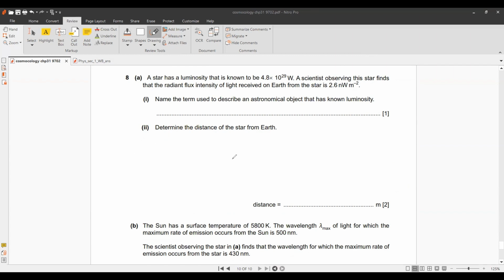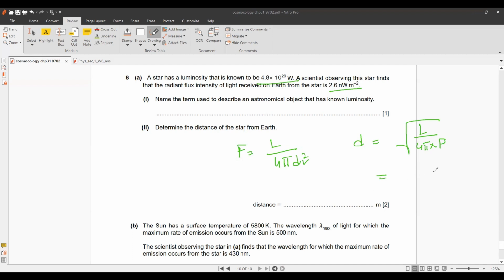We know that the formula that we need to use for this is F equals to L over 4 pi D square. We need to find D. So this would be L over 4 pi into F. They have given us the values, the radiant flux density value as well as this one.